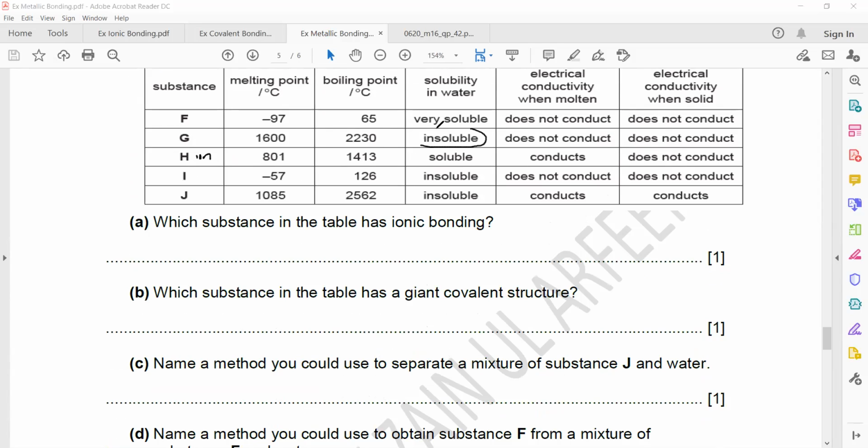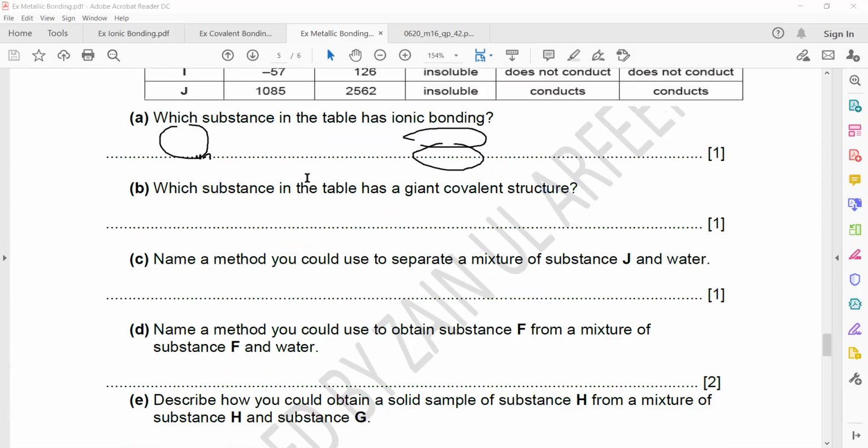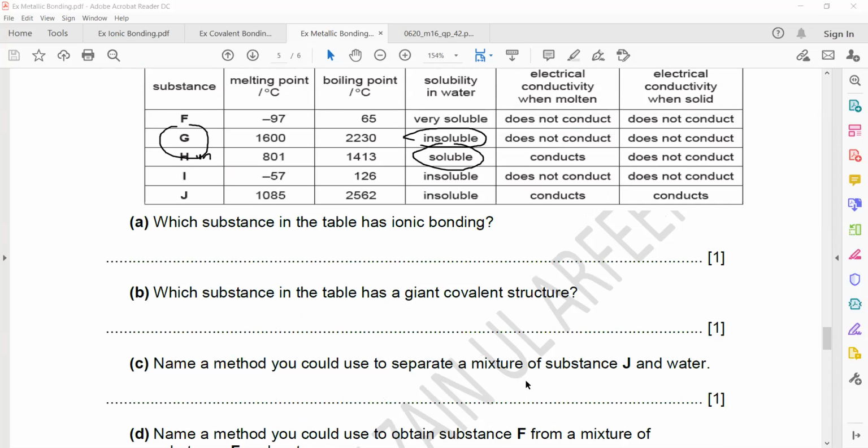So one thing is insoluble, another one is soluble, and we have a mixture of G and H. One dissolves, another one does not dissolve. So first we will add water. When we add water, G will remain insoluble and H will dissolve.